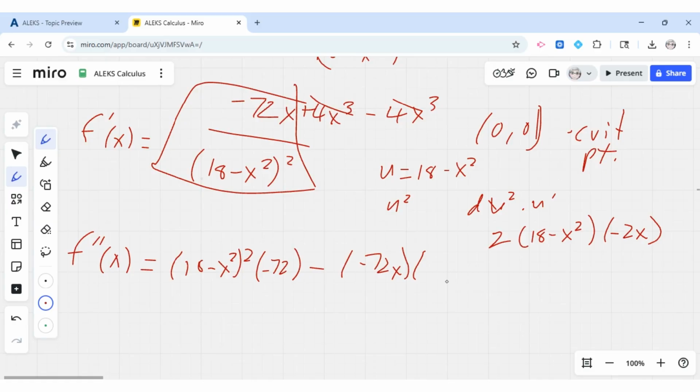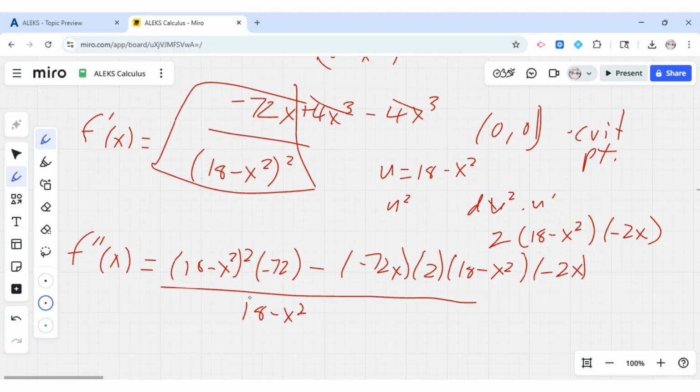So that all gets multiplied on here. So 2 times 18 minus x squared and times minus 2x. And then all of that goes over what's on the bottom squared, which is 18 minus x squared squared. You square that again, you get it to the 4th power.